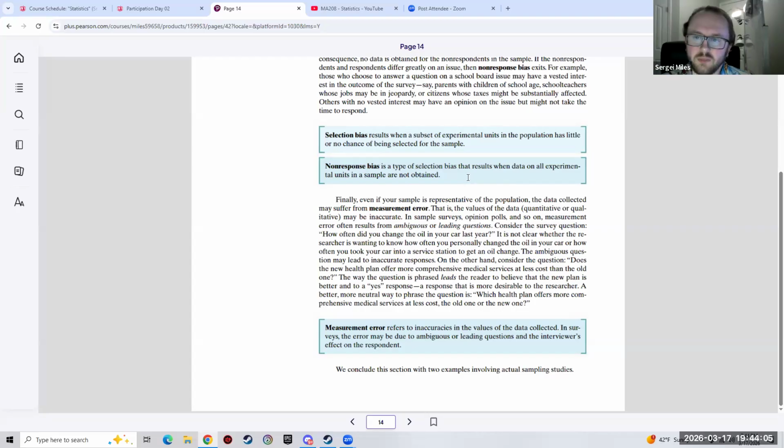Now, for the purposes of this course, as we continue into later chapters, we're going to be focused more on the numerical analysis, the statistical analysis, the mathematics behind how we analyze data, where we're just going to assume that the data we're analyzing is representative, that it's a good sample.